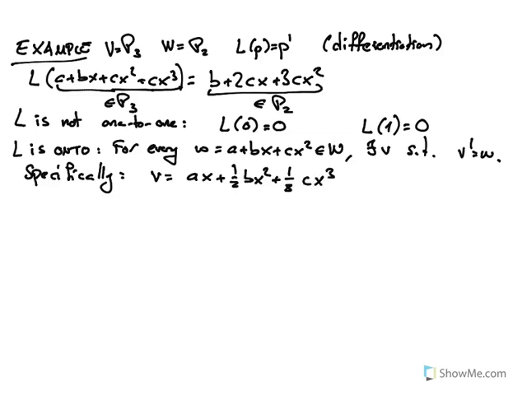In other words, you can go back. The pre-image is integration in this case. So this map is not one-to-one, but it is onto.